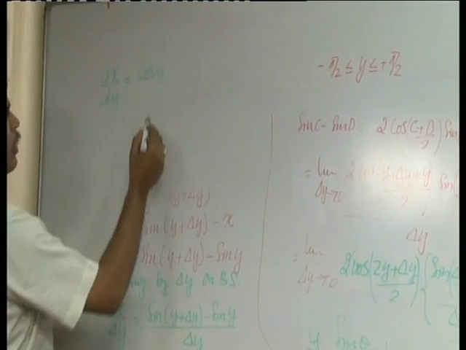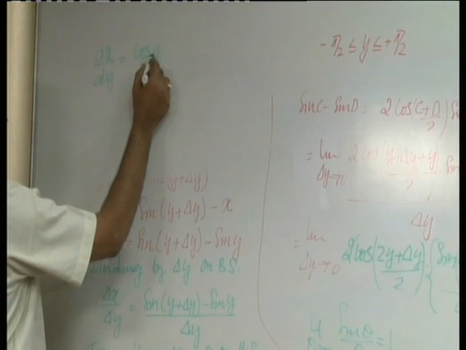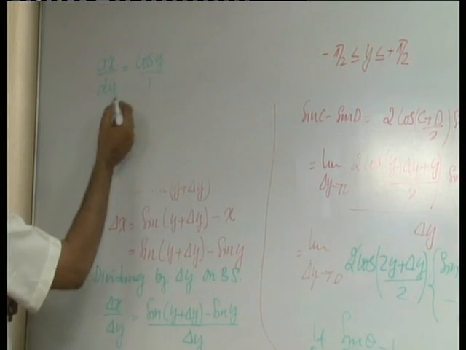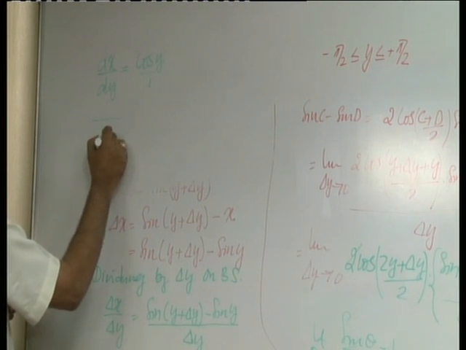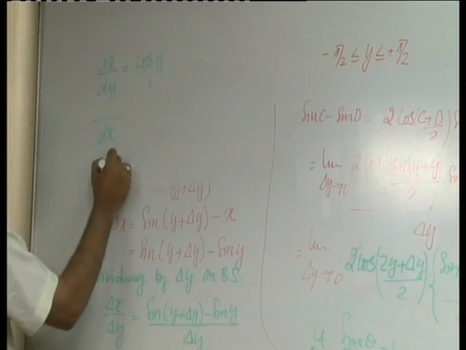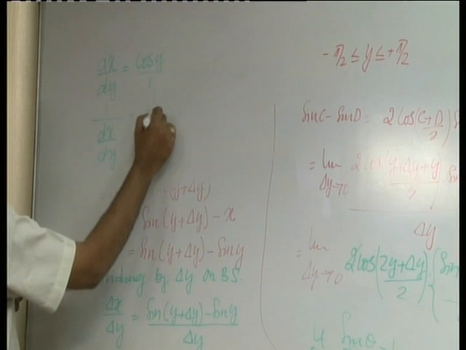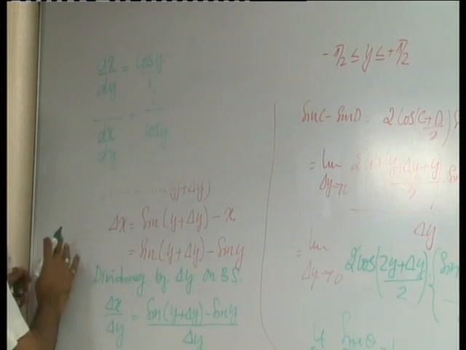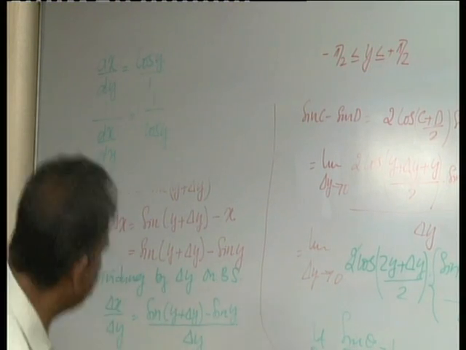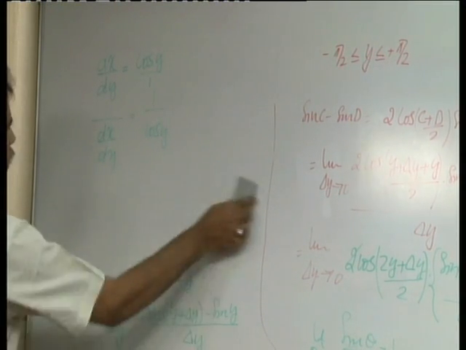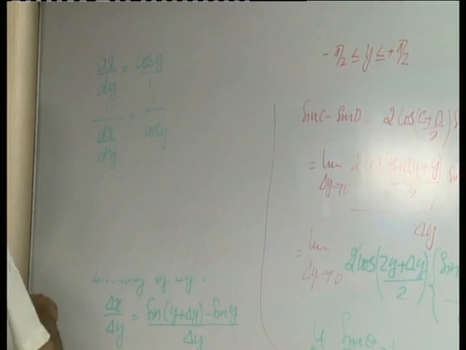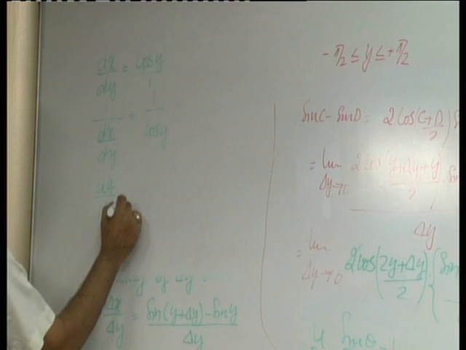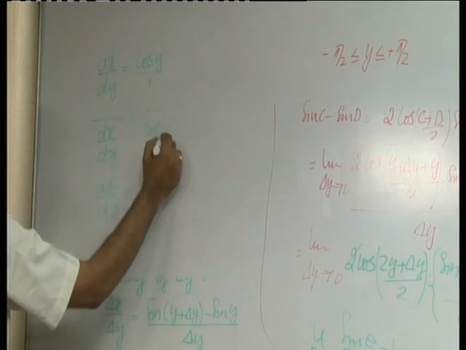Take the reciprocal of it. If I take the reciprocal, 1 divided by dx divided by dy, it will become 1 by cos y, or dy divided by dx is equal to 1 divided by cos y.